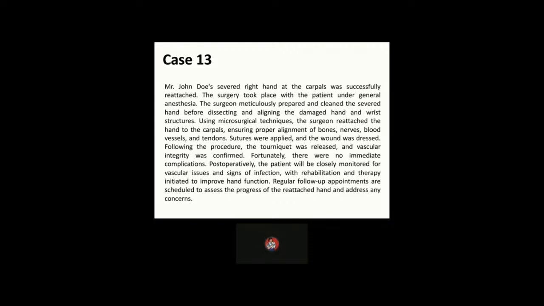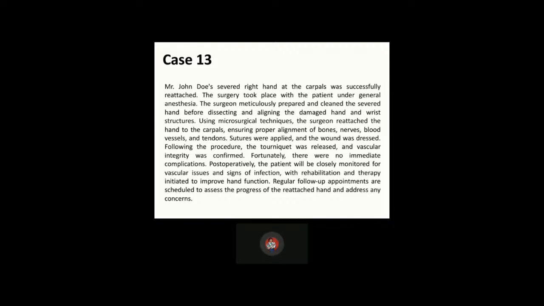Following the procedure, tourniquet was released. Vascular integrity was intact. No immediate complications. Post-operatively, the patient is going to be monitored, and then they're going to have some rehabilitation and therapy to get the use of that hand back in position.